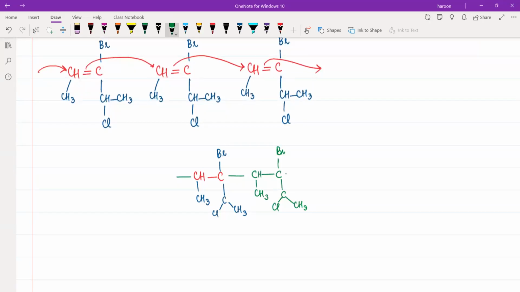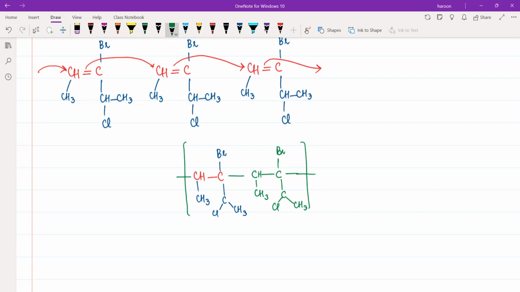So they are showing the repeating units. All right, dear. Can you understand it now? So it's very, very simple.